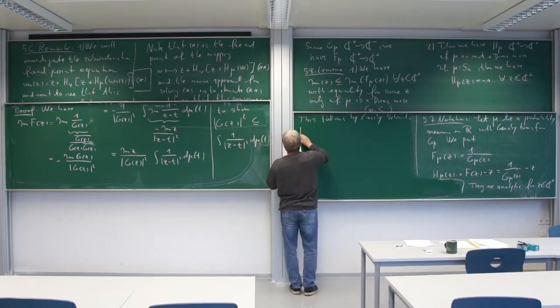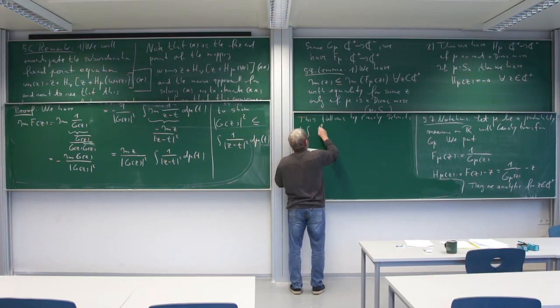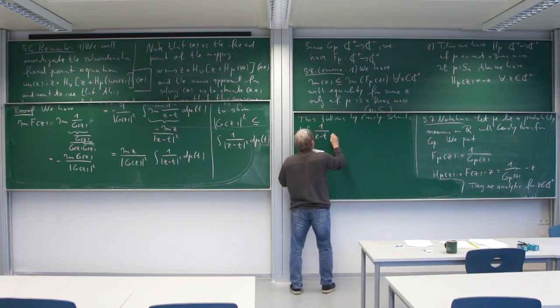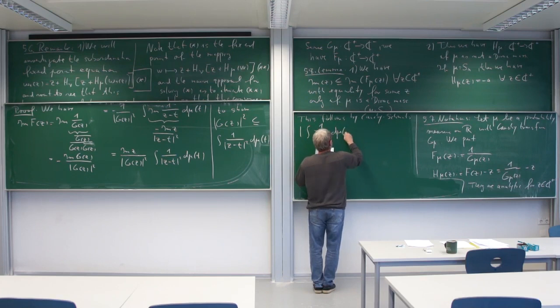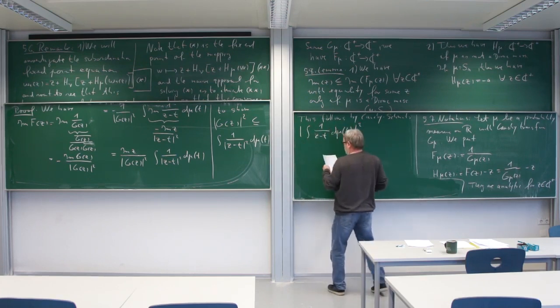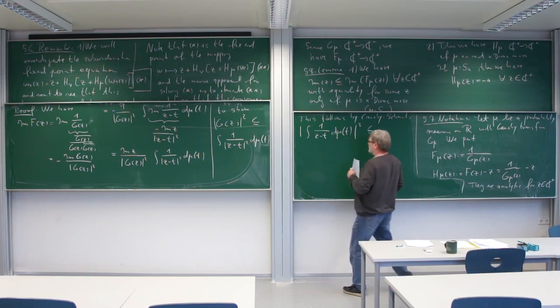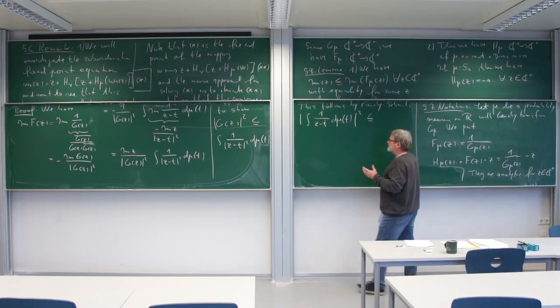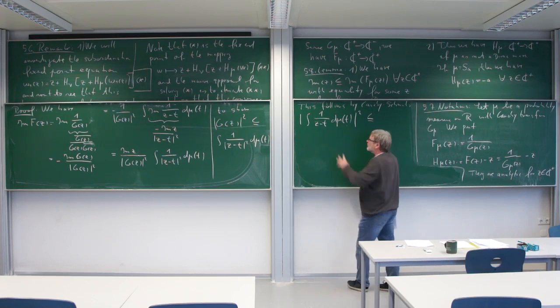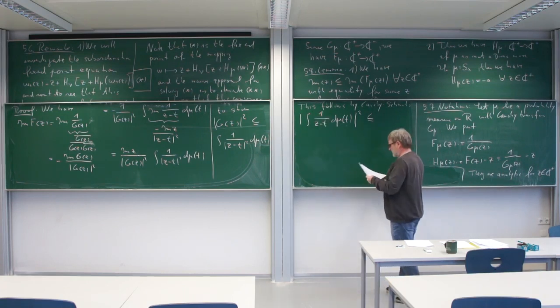This is the absolute value of the integral 1 over z minus t d mu t. That's a Cauchy transform, the square of this, and by Cauchy-Schwarz, this is the inner product of this function with the function 1 in this L2 space.